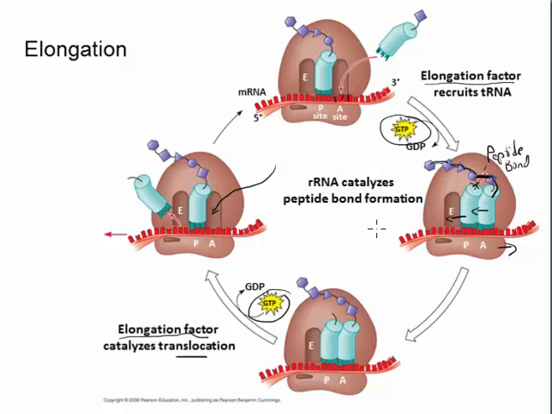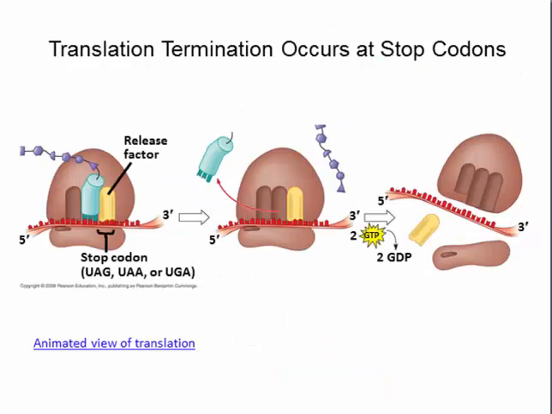Okay, so the ribosome is translocating down the mRNA, and at some point it's going to reach the boundary at the end of the protein coding sequence that we already talked about, the stop codon. So what happens at the stop codon, and how does that yield termination of translation?